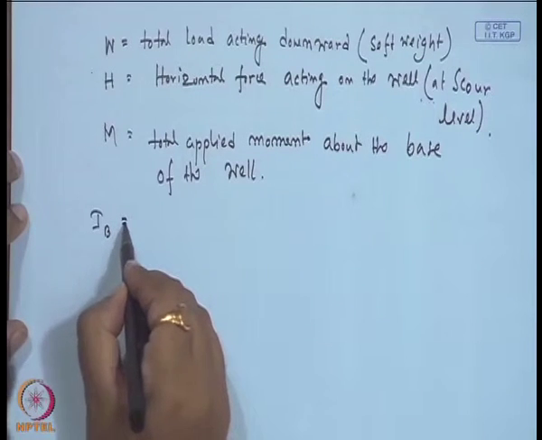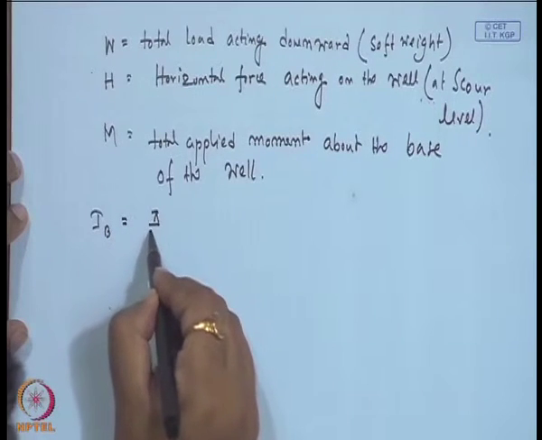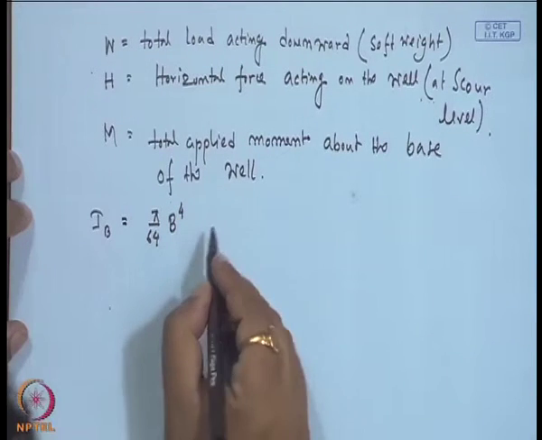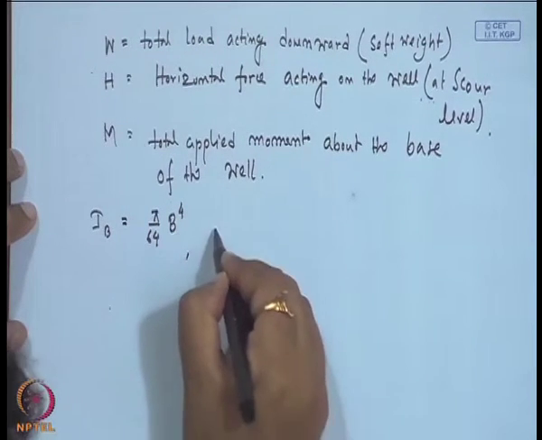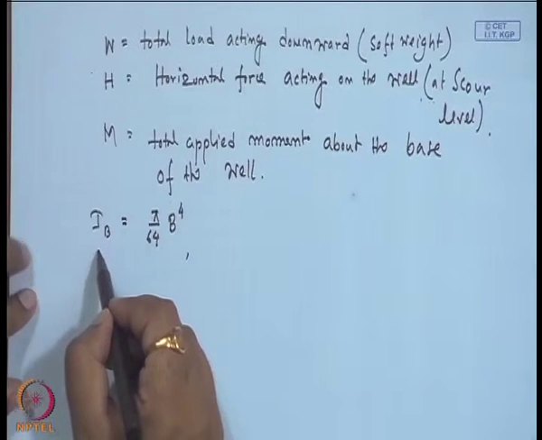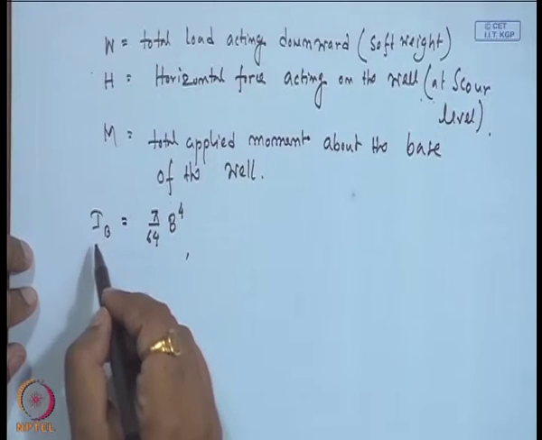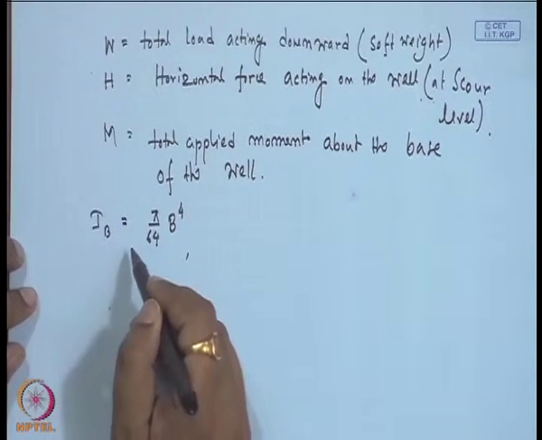We can calculate I_b as pi by 64 into b to the power 4. This is the moment of inertia at the base about an axis passing through the center of gravity of the well and perpendicular to the horizontal resultant force.